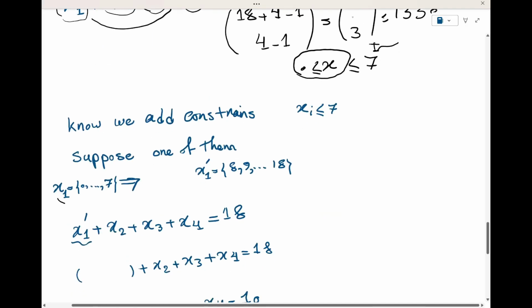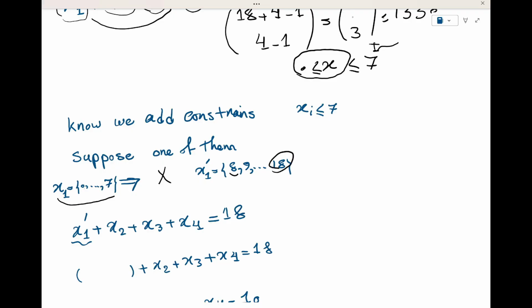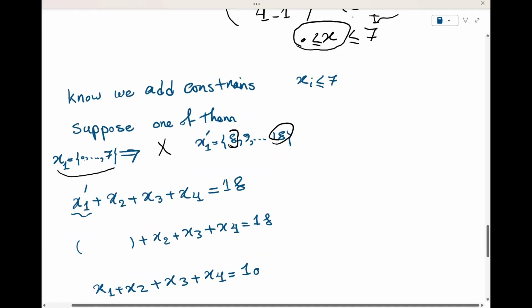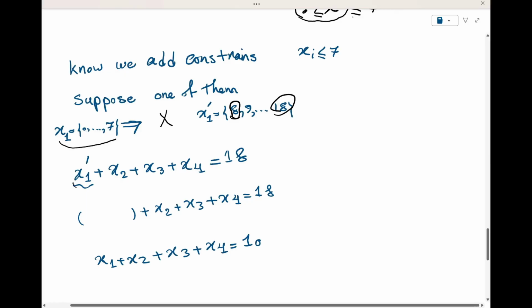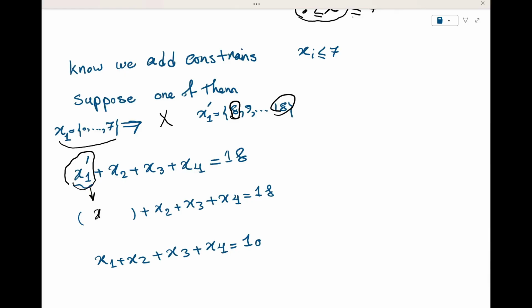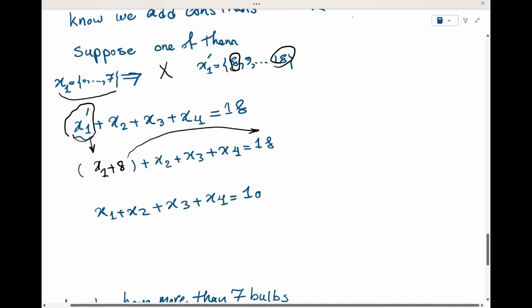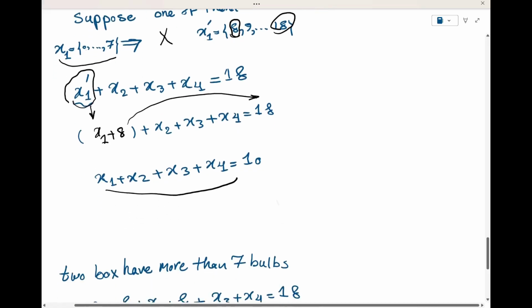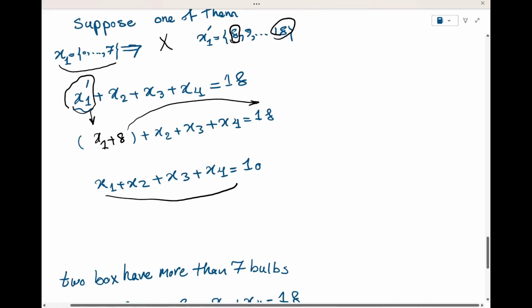Okay, suppose x1 is between 0 and 7. If we break our rules, exactly x1 is between 8 and 18. Therefore, we first add 8 bulbs to box x1, and after that we start calculating. Therefore, when we break our rules, it is x1 plus 8, and if we put 8 on the left side, our equation is x1 plus x2 plus x3 plus x4 is 10.